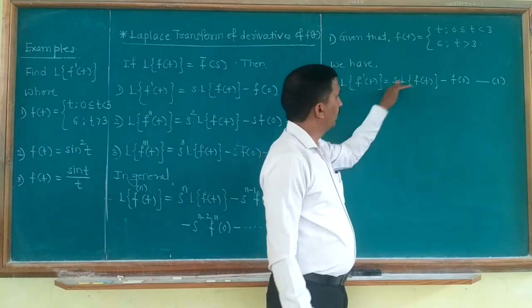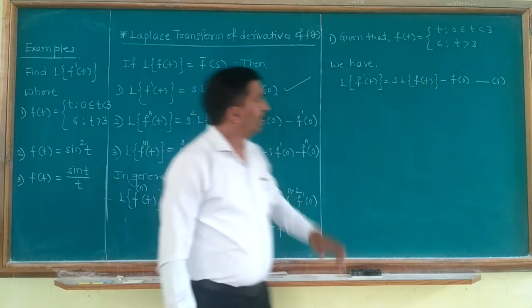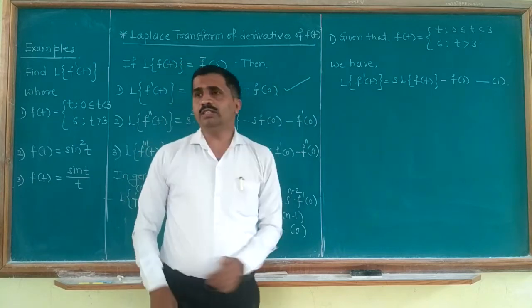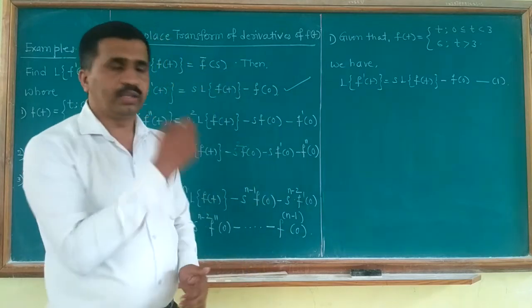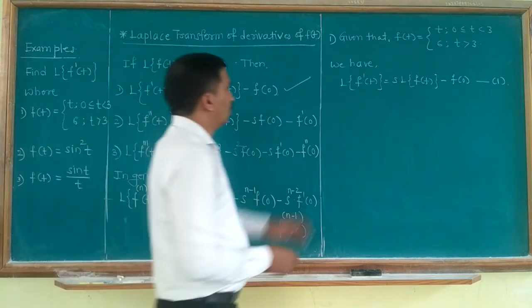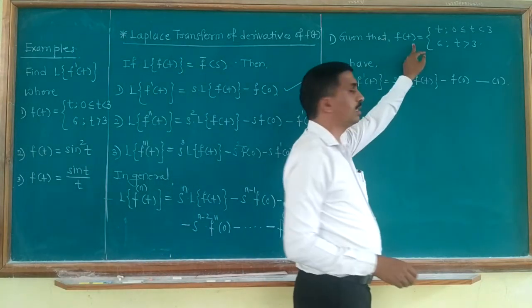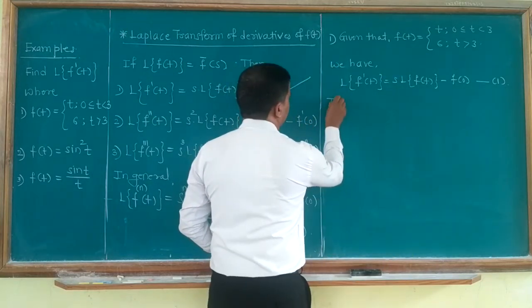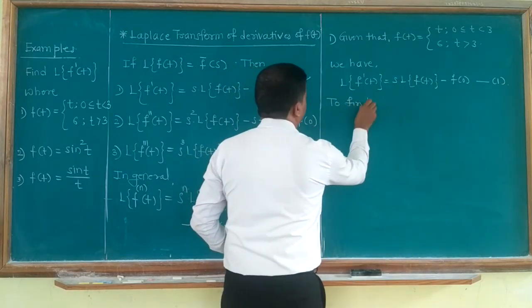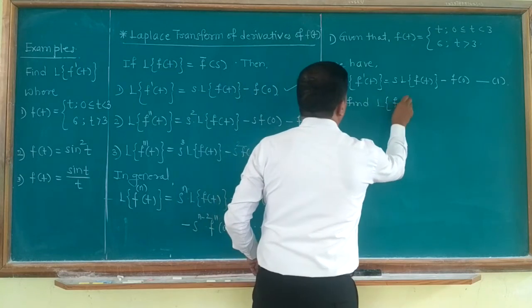First we calculate Laplace of f of t. Here the function is given in two parts, so you have to use the definition of Laplace transformation to find the Laplace of this given function f of t.